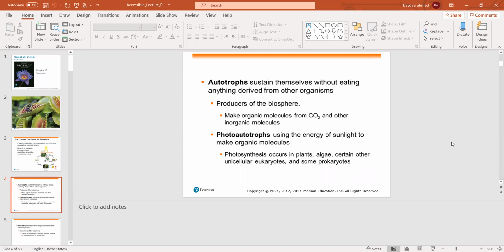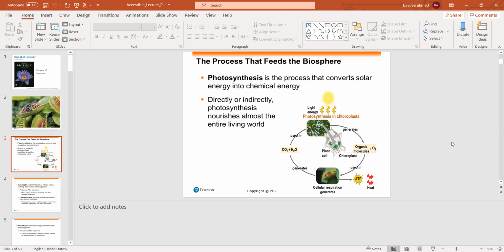The conversion process that transforms the energy of sunlight into chemical energy stored in sugars and other organic molecules is called photosynthesis.